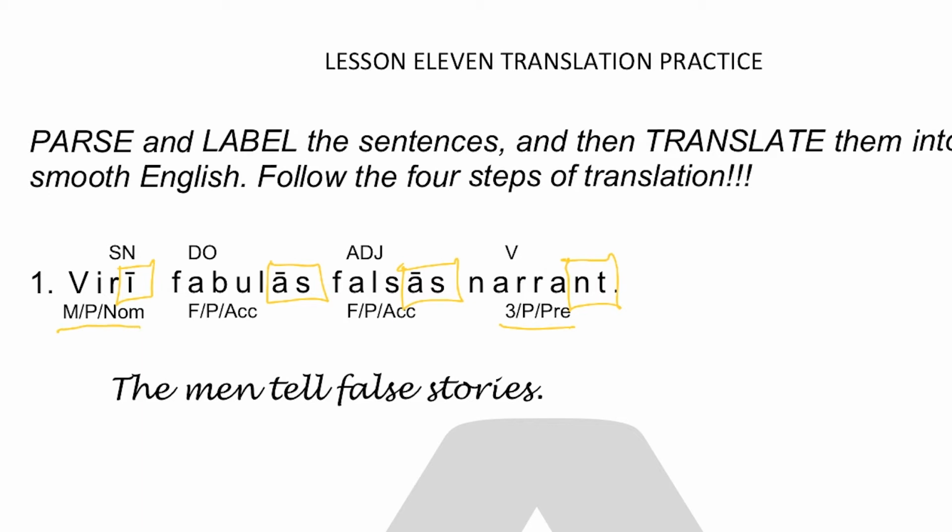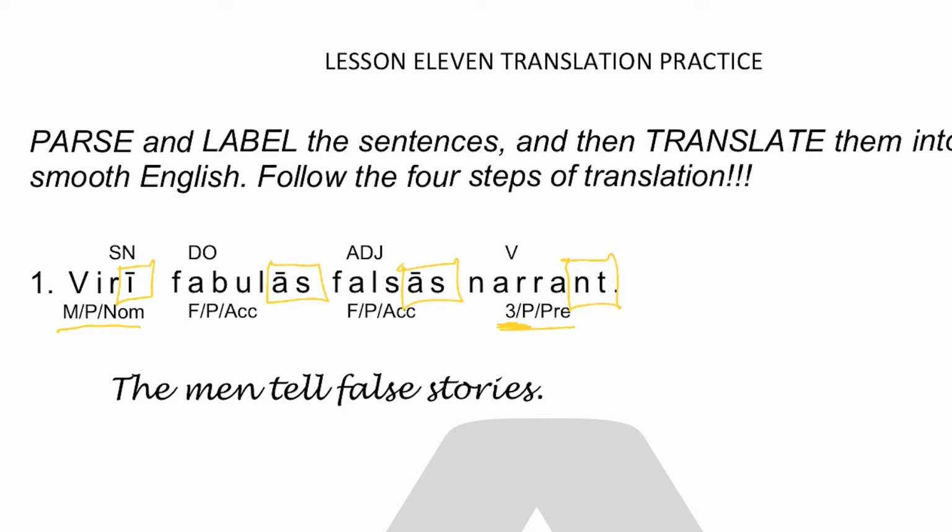That ending could be masculine singular genitive from us, e, i, orum, is, os, is, but we parse it as plural and nominative because our verb is 3rd person plural, and we know when we have a 3rd person plural verb that we're looking for a plural nominative noun to serve as the subject of our sentence.